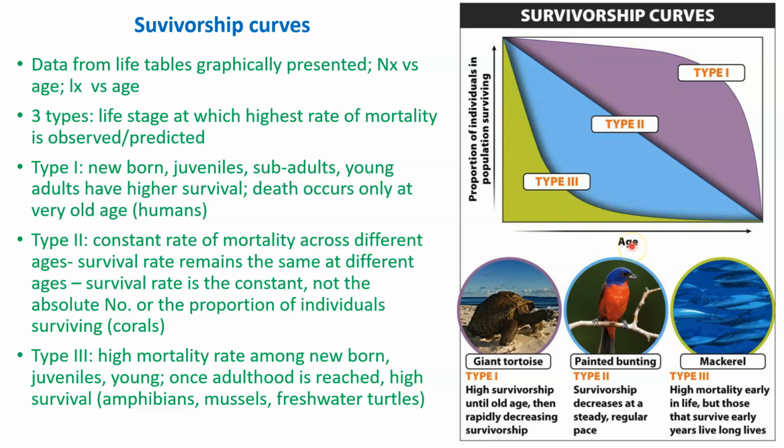So type 3 is the polar opposite of type 1. Most amphibians, freshwater turtles, marine turtles, and most invertebrates, particularly mussels, follow type 3 survivorship.